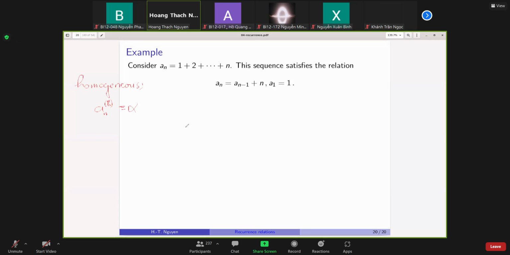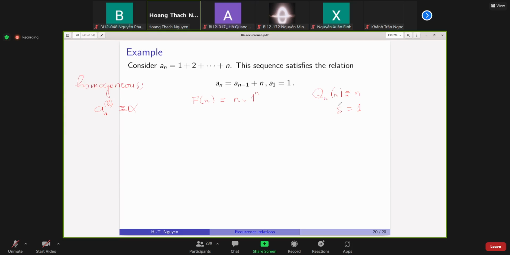It doesn't change. Now we need to look for a particular solution. Here, our f(n) is equal to n times 1 to the power n. So here our polynomial q(n) is equal to n, and s is equal to 1.